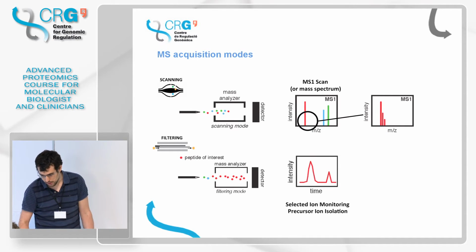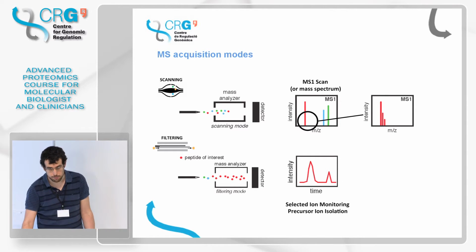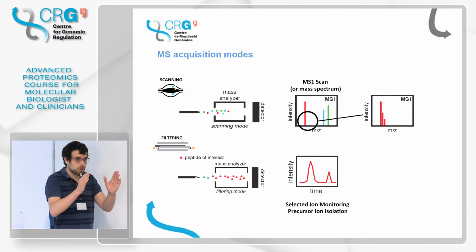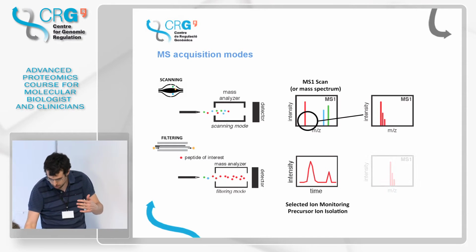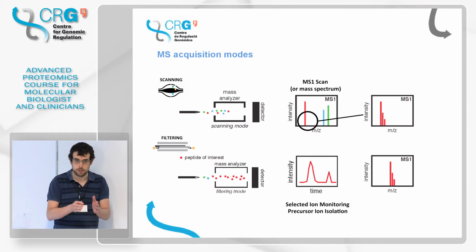If I record this over time, I can monitor this signal and see that something appears at this time point, and something else at another time point. If I just get a snapshot, not a time course, I would see just one single peak with its isotopic distribution in a certain mass range, but nothing else in the mass spectrum, because I'm only filtering for that particular target.